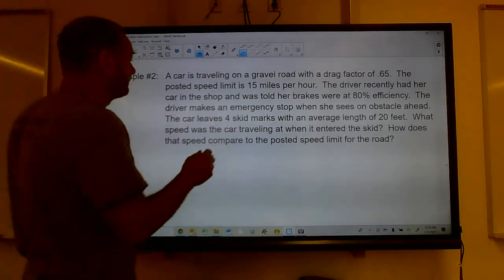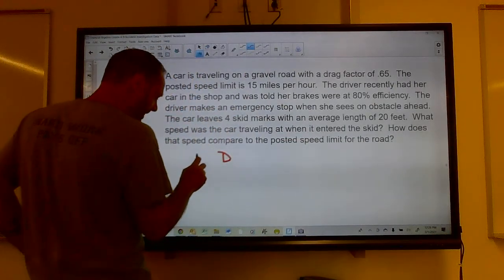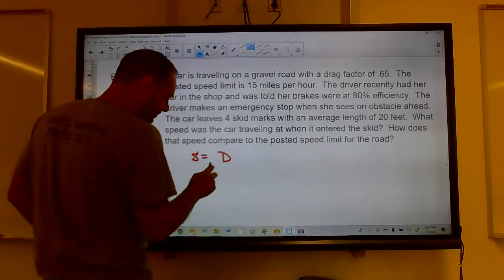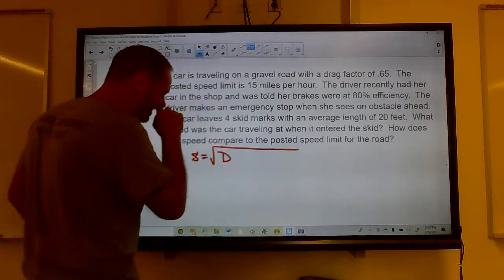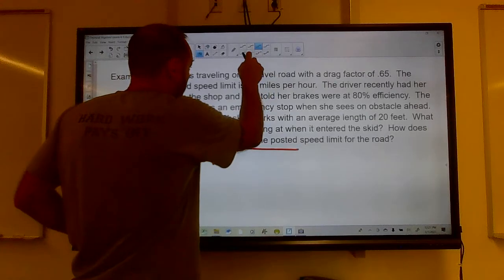Okay. So let's write down your formula. S, speed, equals the square root of 30 times, what do we use here?